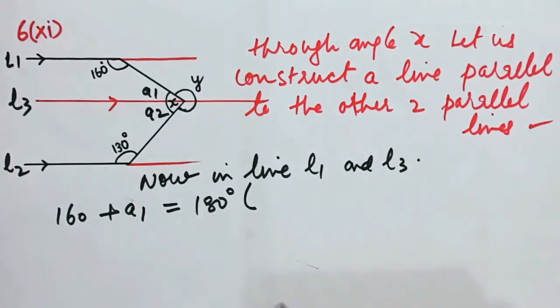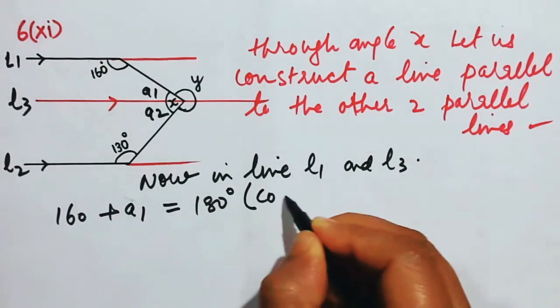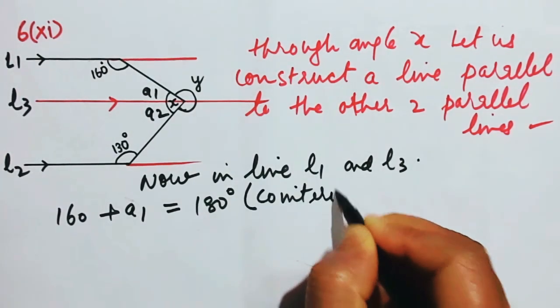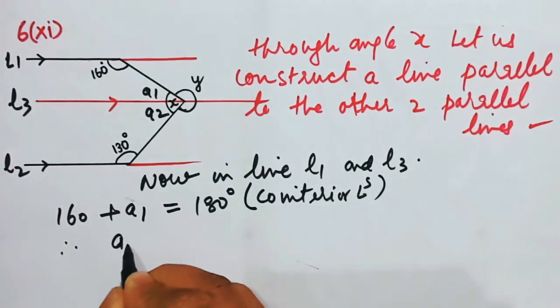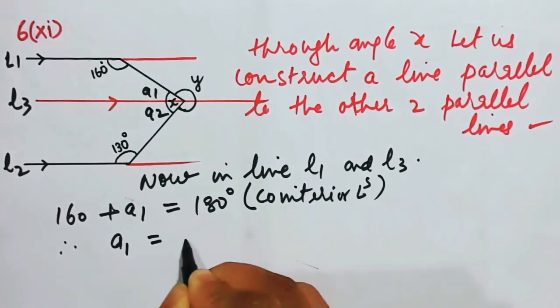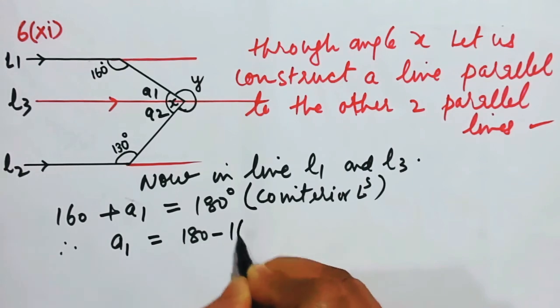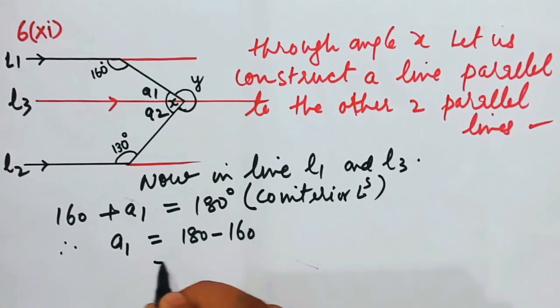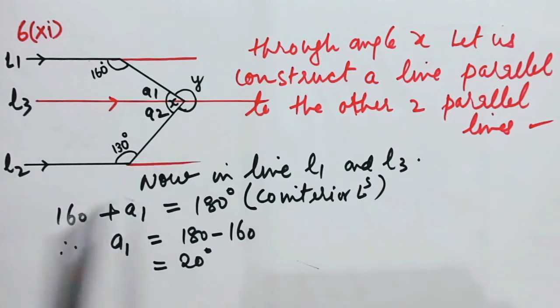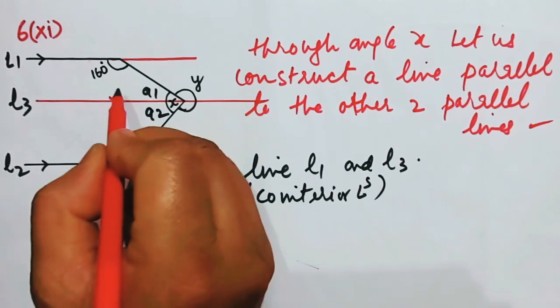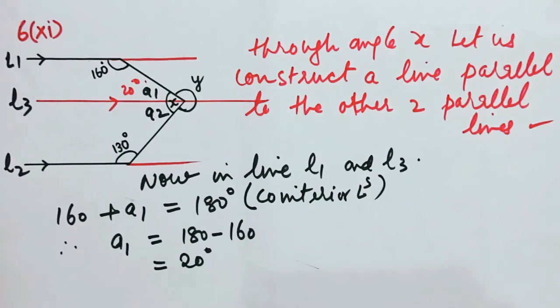Why? Because they are co-interior angles. Therefore A1 will be equal to 180 minus 160, which is 20 degree. So my A1 becomes 20 degree. No issue at all.